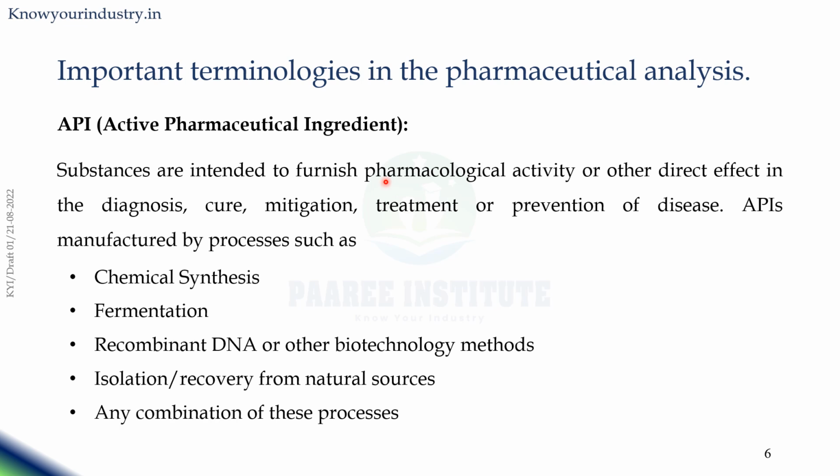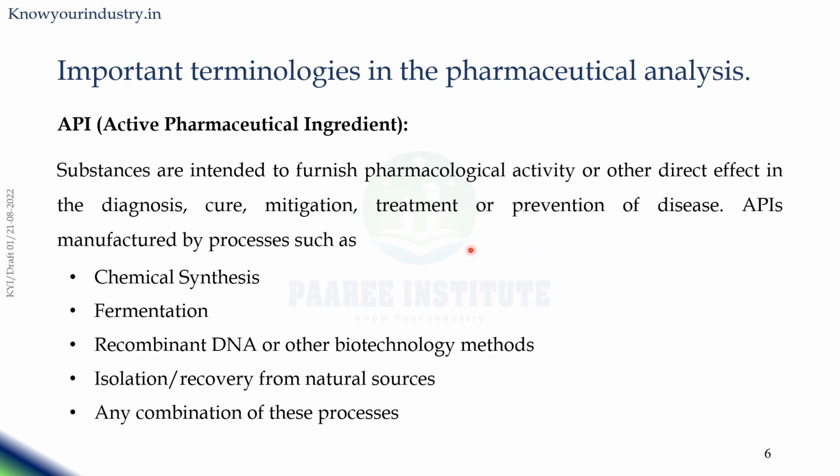So basically you are treating a fever with a paracetamol tablet. The paracetamol tablet will have the active pharmaceutical ingredient called paracetamol, which is used to reduce the fever. So the active form of the particular tablet, named paracetamol, is called the active pharmaceutical ingredient and the pharmacological action is reduction of the fever.